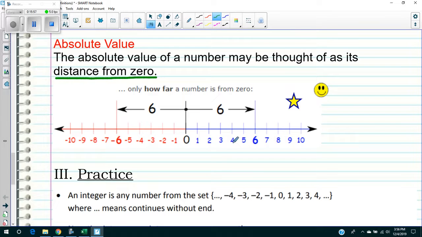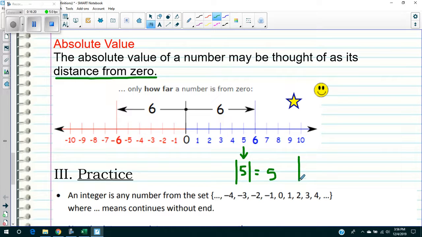For example, this one is already given as an example, so I'm going to use a different number. Let's say 5. We write absolute value with the number and then 2 really long bars like this. So how far is positive 5 away from 0? It's 5.